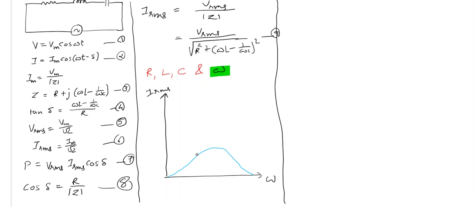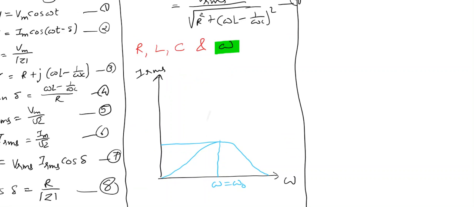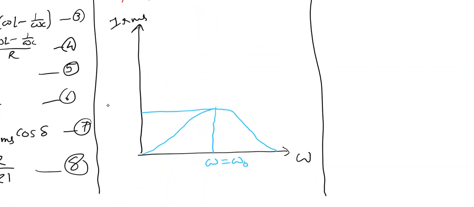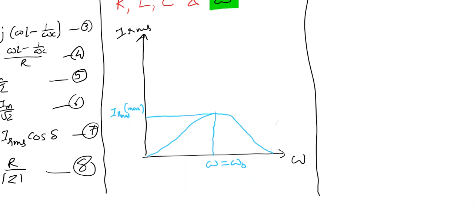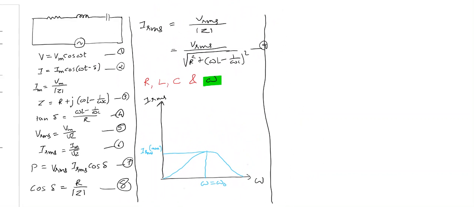So for some particular value of omega, let it be omega is equal to omega 0, the RMS current is found to be reaching its maximum value. It is called IRMS max. And when it happens, it is said to be in resonance condition.